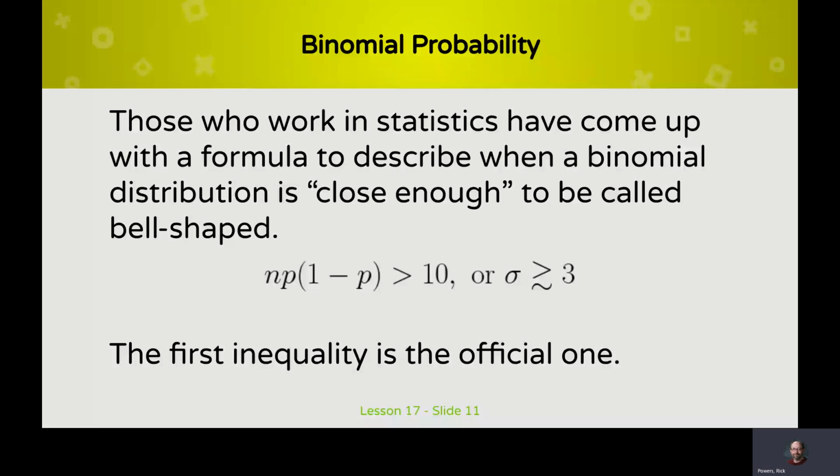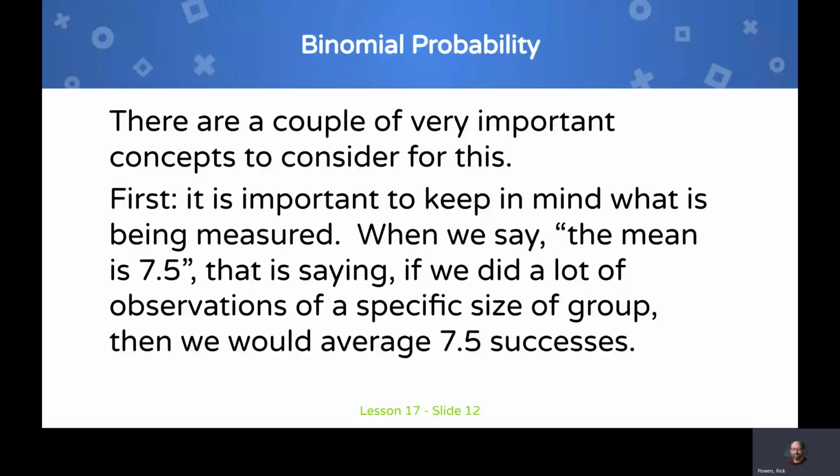There are a couple of very important concepts to consider for this. First, it is important to keep in mind what is being measured. When we say the mean is 7.5, that is saying if we did a lot of observations of a specific size of group, then we would average 7.5 successes.